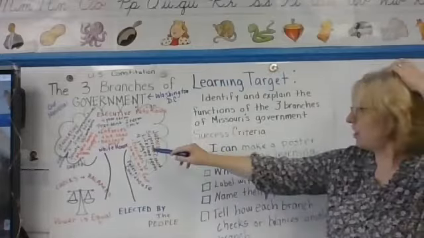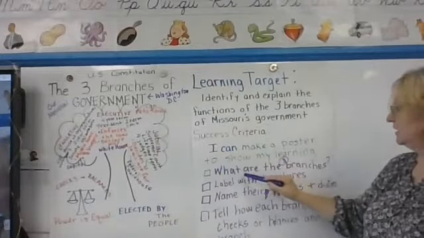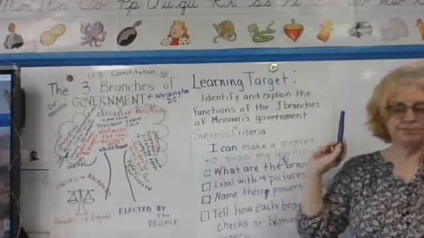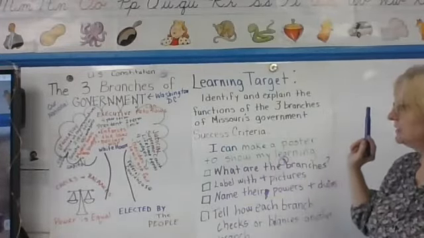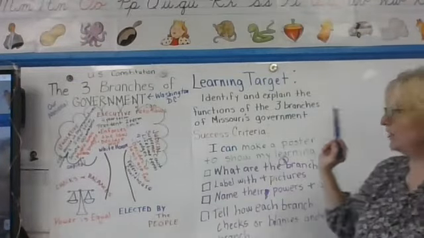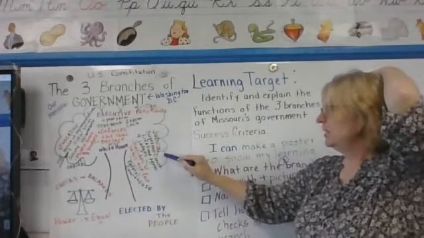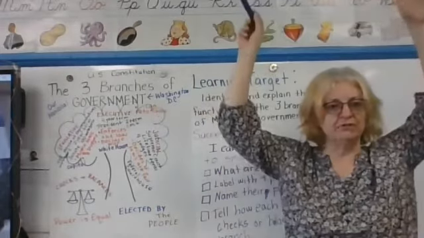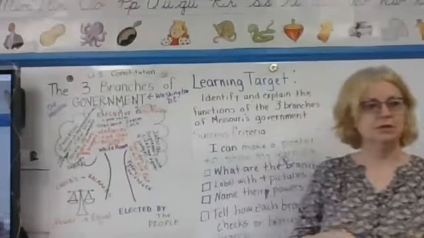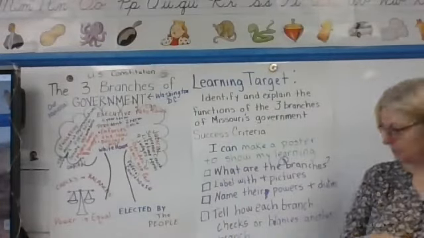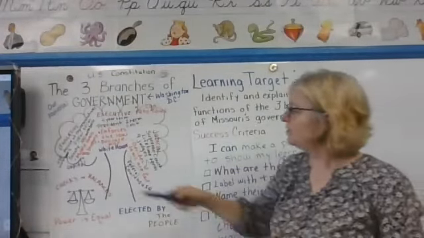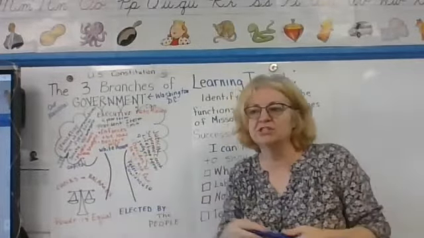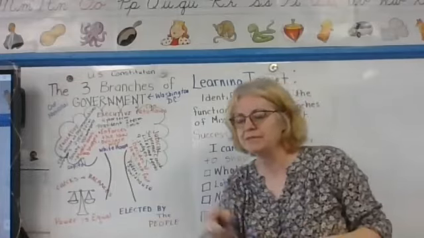So on this chart, did we label the 3 branches? Do we have the 3 branches listed? Yes. Okay. And can someone tell me what the label for the judicial branch is called on the national level? Yes, the Supreme Court. So then on the legislative branch, who are members of the legislative branch? Excuse me, Caroline.